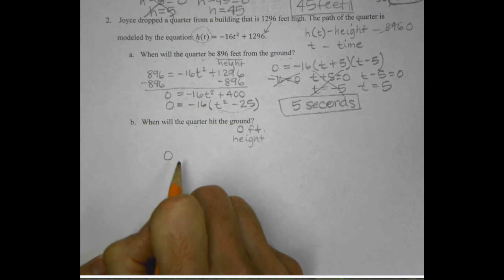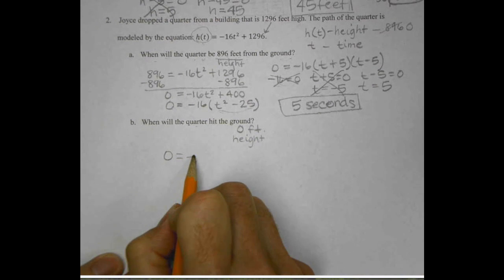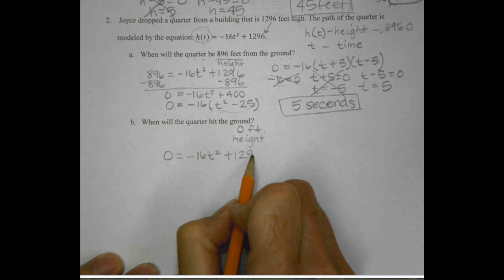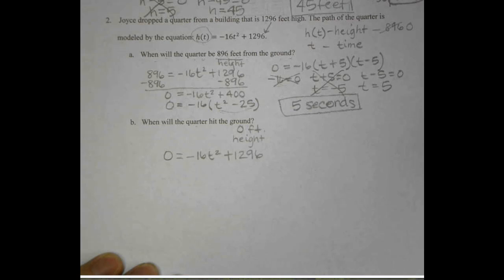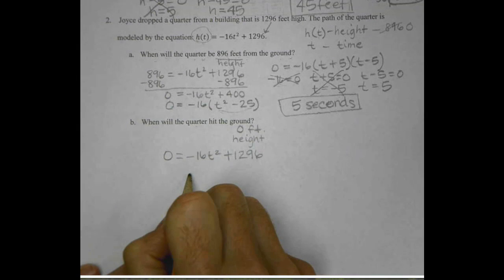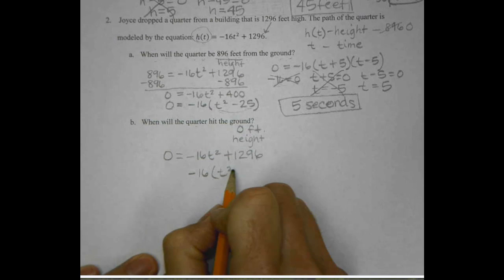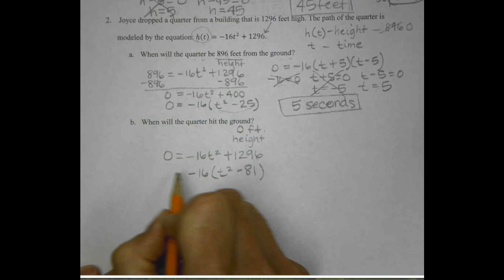So I'll put in 0 instead of the h of t, and it's negative 16t squared plus 1,296. And then I'm checking to see if I can divide that by 16, and it's 81. So I can factor out that negative 16, and I have t squared minus 81.